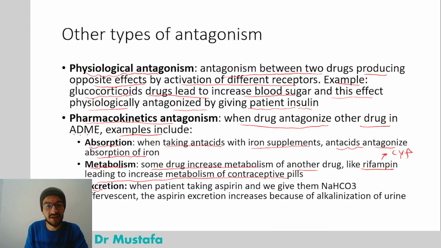And in the excretion, that's when the patient is taking aspirin and we give them NaHCO3, sodium bicarbonate, effervescent. The aspirin excretion increases because the sodium bicarbonate alkalinizes the urine, and that leads to the aspirin getting trapped by ion trapping in the urine, and it will get excreted.